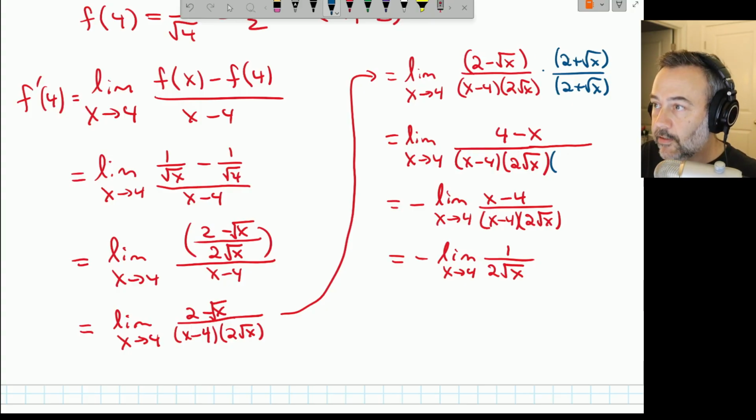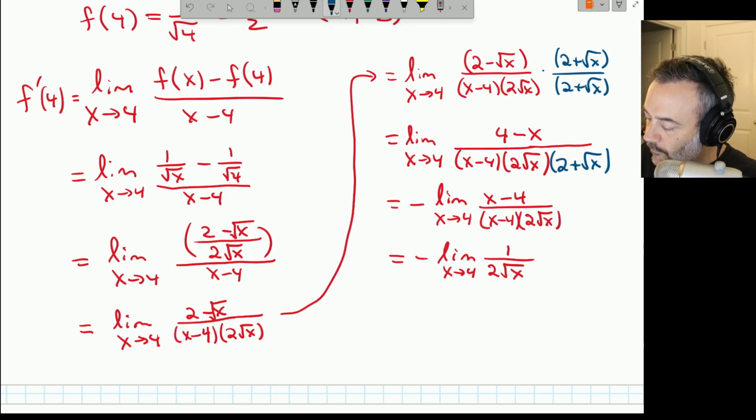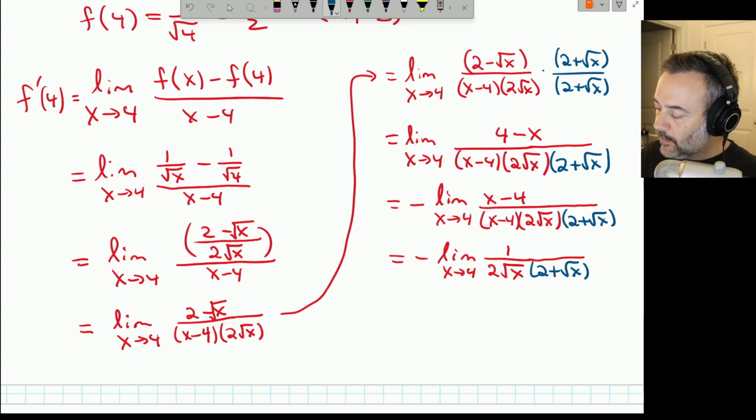I multiplied this out on the top, but on the bottom, I dropped this factor. And then I dropped that here. So I'll lengthen that bar and put a 2 plus root x. And I'll lengthen this bar and put parentheses 2 plus root x.